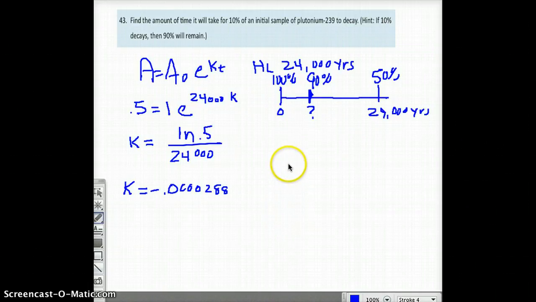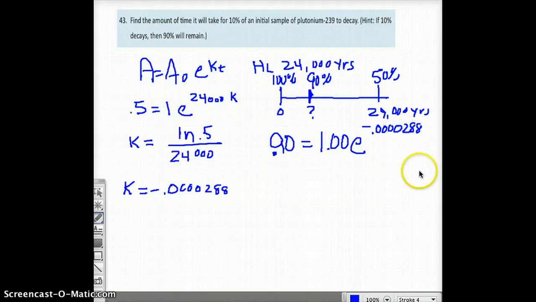I just explained this, but this is our setup. We found K, and this is what's going on with the problem. So here we go. We're going to have 90%, or 0.9. 0.90 is equal to 1.00 e to the negative 0.0000288 times t, and we want to solve for t.